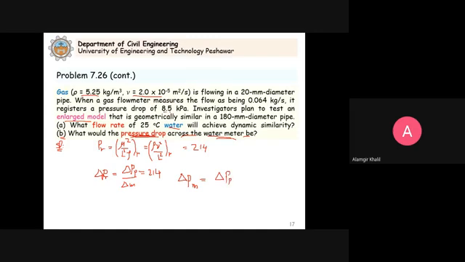This is 8.5 kPa. For the prototype it is given. And this divided by this delta PR, the pressure scale ratio. So this will be equal to 8.5 kPa divided by the scale ratio, which is 214.